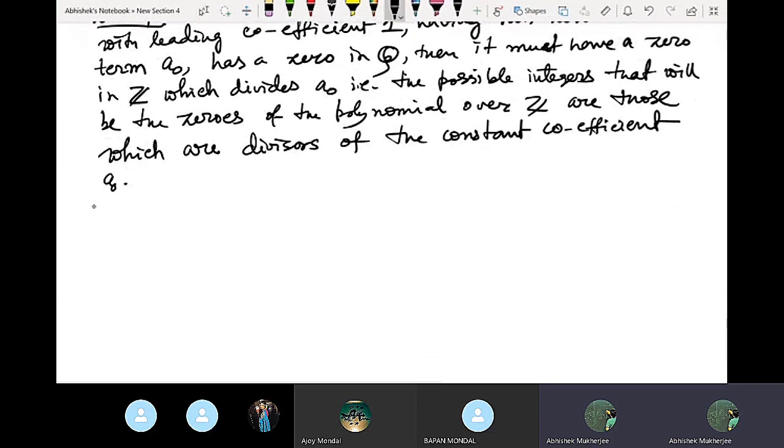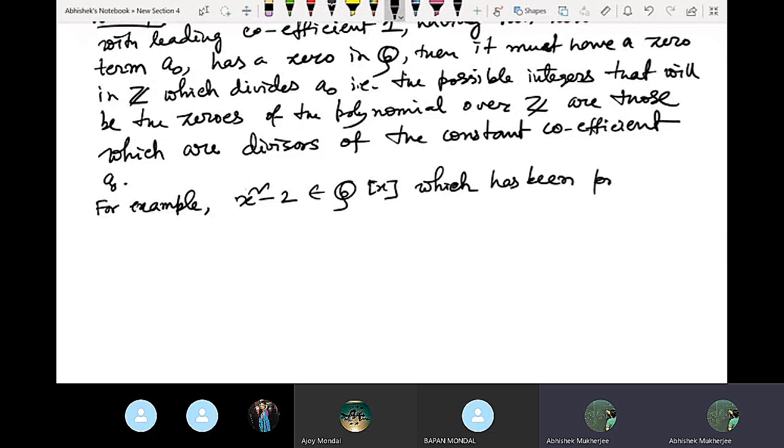Let us have some example. If we consider simply x square minus 2 belongs to Qx, which has been proved already to be irreducible over Q. It has already been checked that it is irreducible.